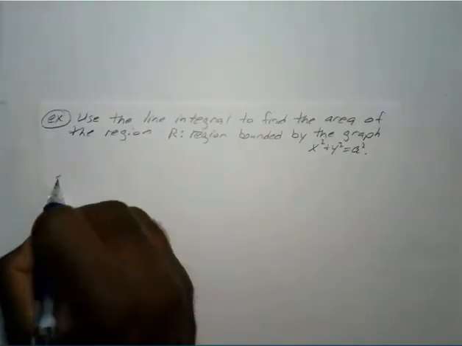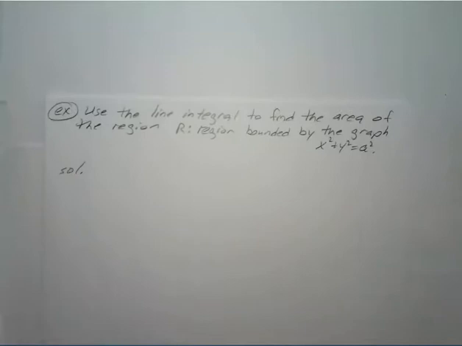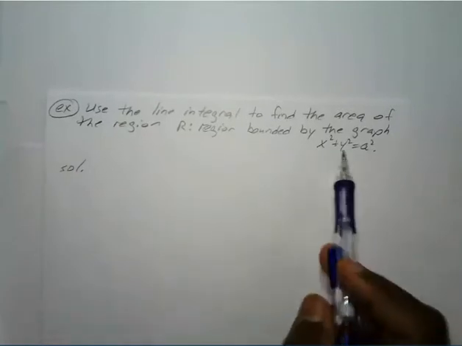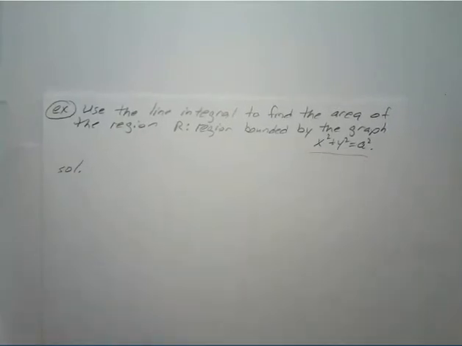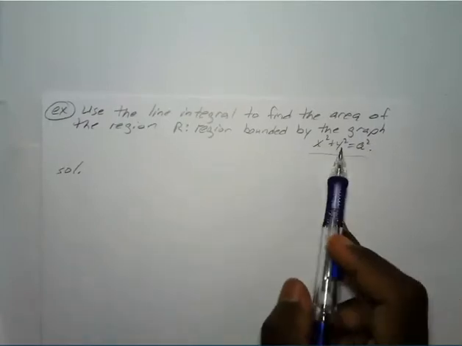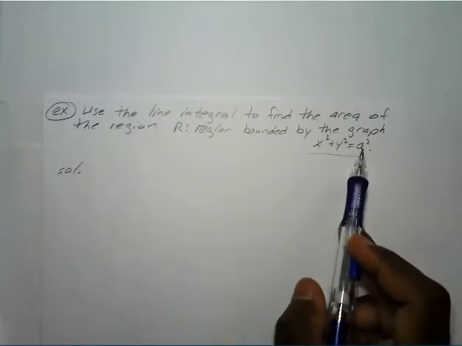So what do we know about our region? Well, basically a circle with a radius of a. x squared plus y squared equals r squared. In this case, your r is equal to a.